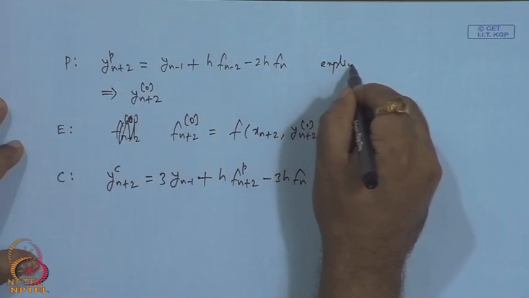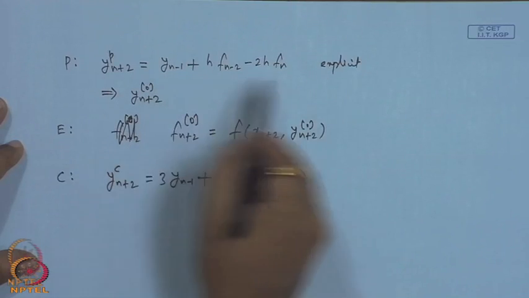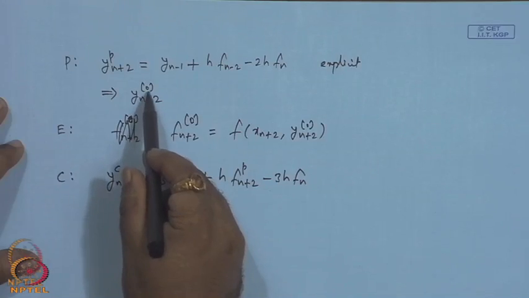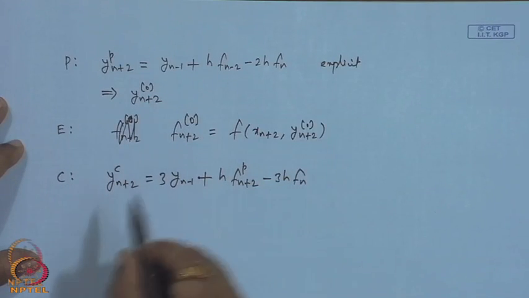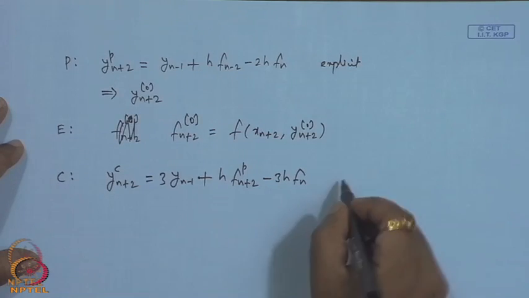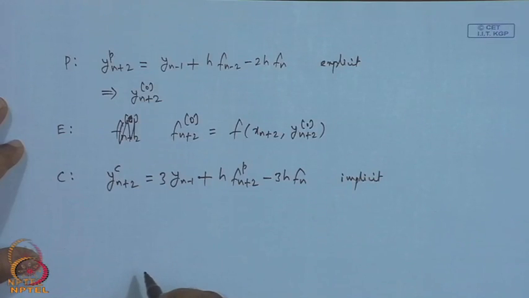We have an explicit method using which we compute an initial approximation that we denote by y n plus 2 superscript 0. Then f n plus 2 superscript 0 is computed, then put it here in the correction formula, because this is implicit.